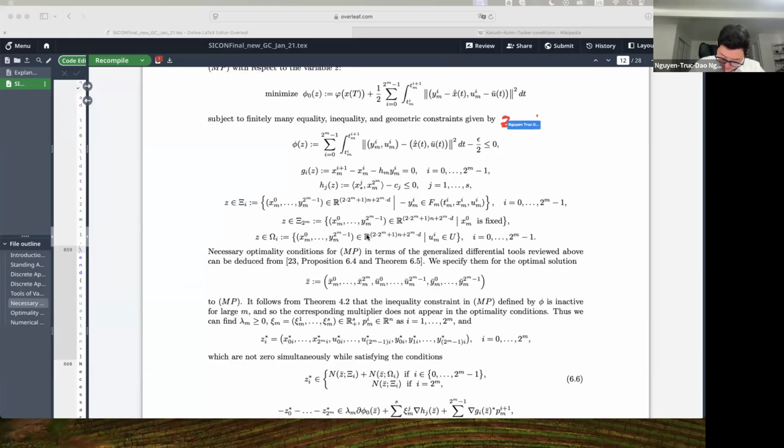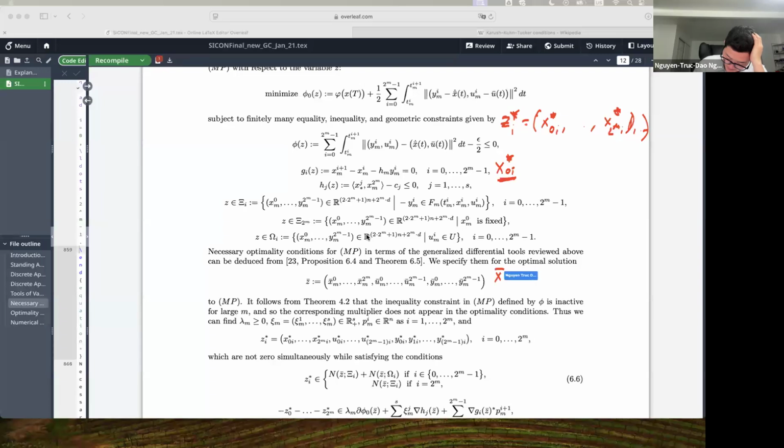Z star i, right? It is in this form: x star 0i until x star 2^m i, and so on. We have the tail as well. But for each x star 0i here, okay, wait, how do we find these elements?